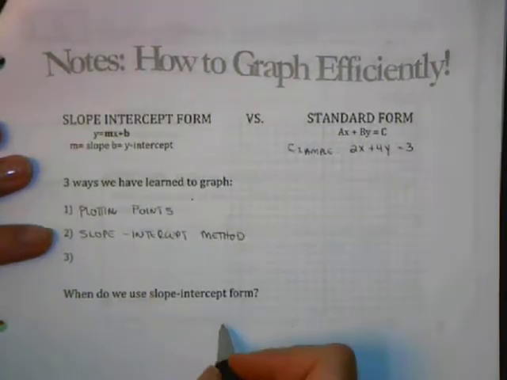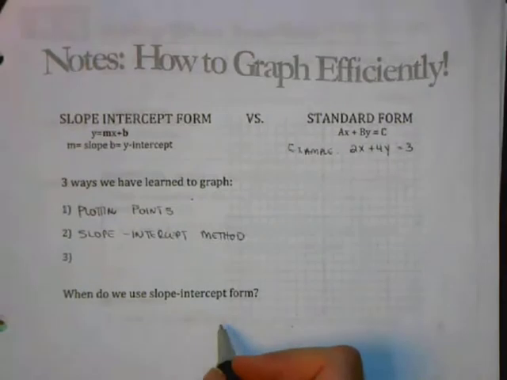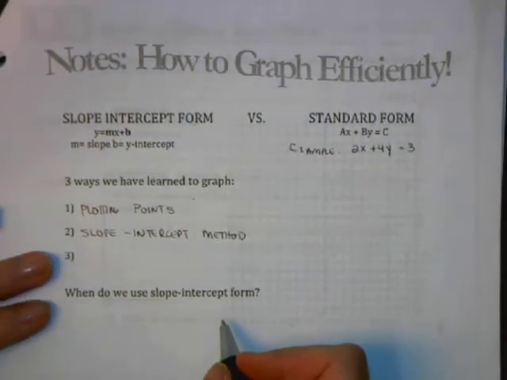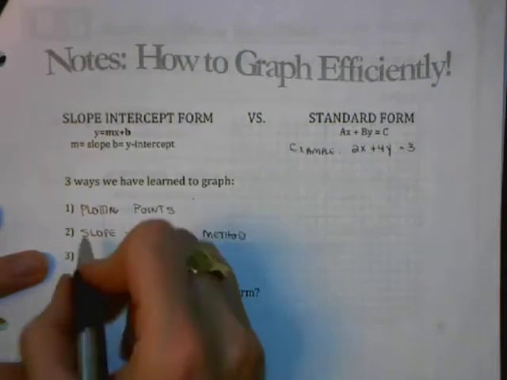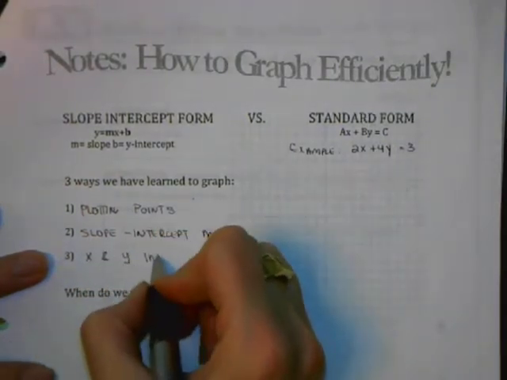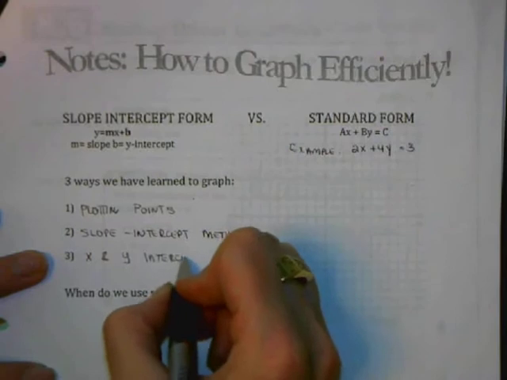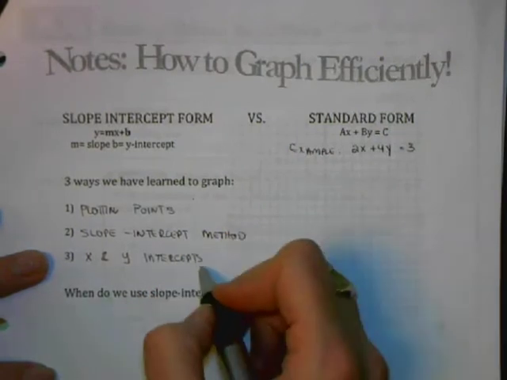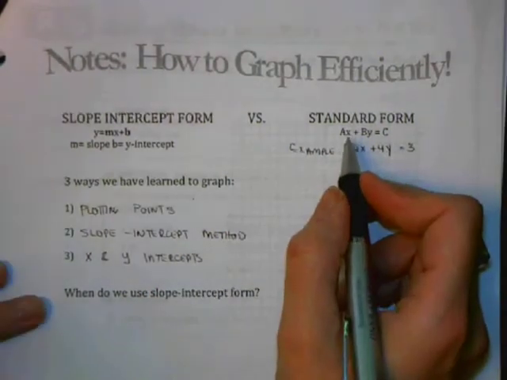This is where we put a point at the y-intercept and then use the rise and run in the slope to walk ourselves to a second point on the line. The last was using the x and y intercepts. And we found that this method worked well here.